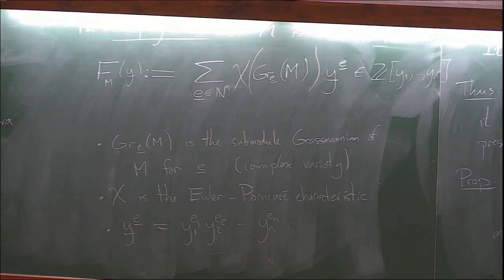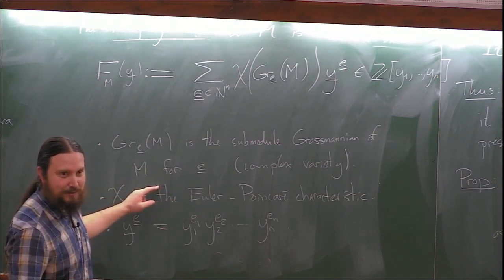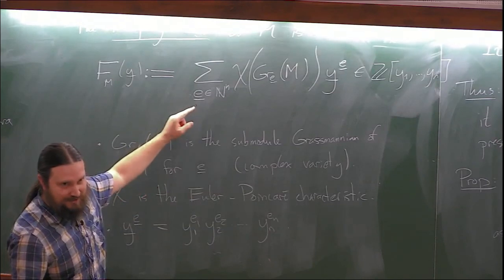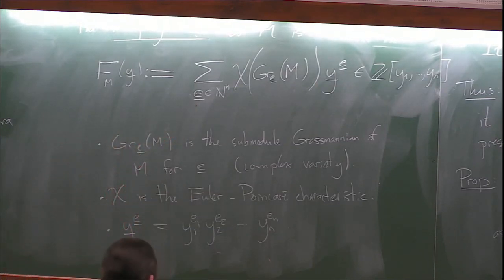But instead of parametrizing things by dimension of submodules, I can do something a bit finer, and I parametrize them with the dimension vector. Small n is the number of vertices in the quiver, the Gabriel quiver of A.